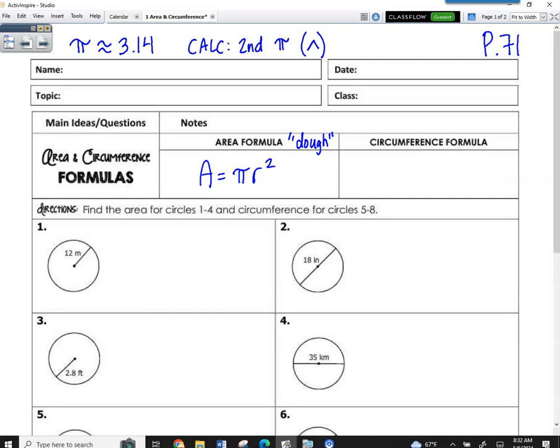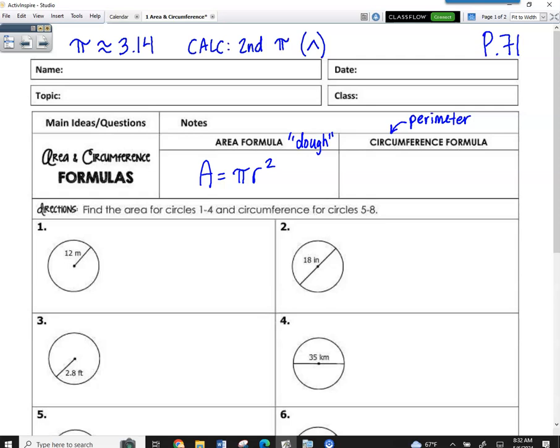Now, circumference. For some reason, when anyone was dealing with circles, mathematicians said, you know what, it's just not enough to leave it at perimeter. Let's rename it something else. And they renamed everything that deals with a circle, and that would include perimeter. The perimeter is the distance around, but for some reason they call it circumference.